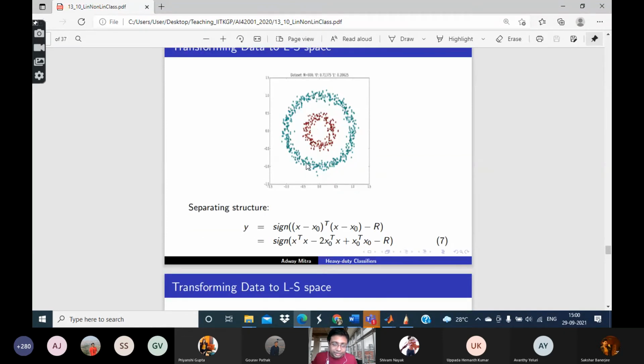So let us say that the center in this case is x0 and the square of the requisite radius is r.